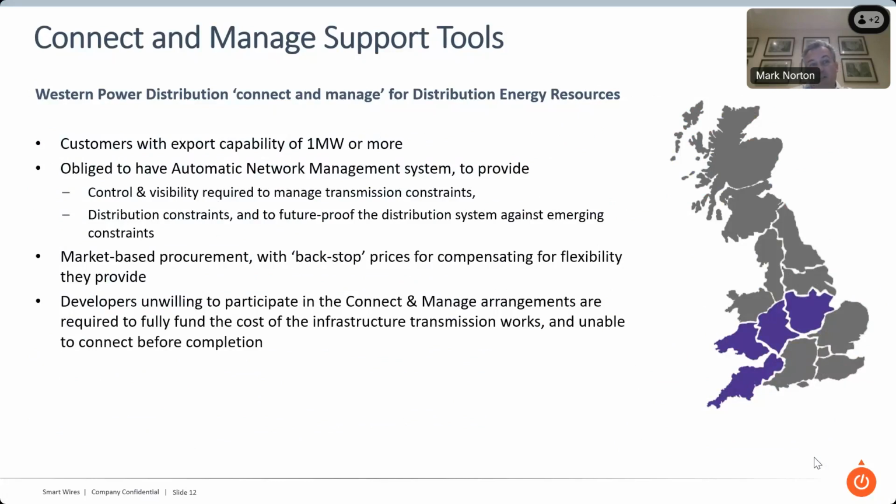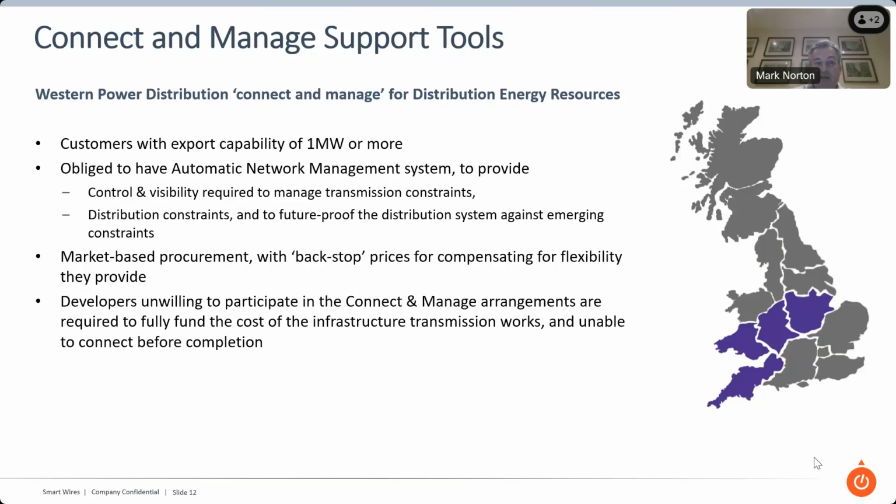What they essentially did is say, look, customers with an export capability of 1 megawatt or more were obliged to have automatic network management so that it could be controlled. And it gave visibility as well, so that it could be used for transmission constraints, but also for distribution constraints, both the ones that existed at the time and also emerging constraints in the future.